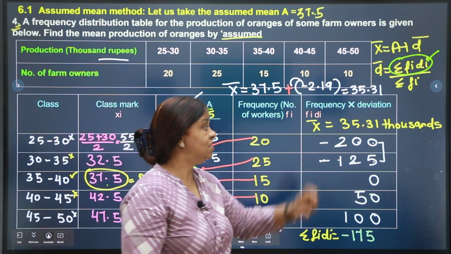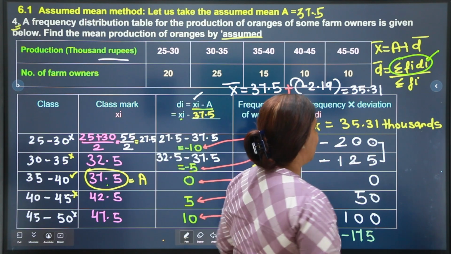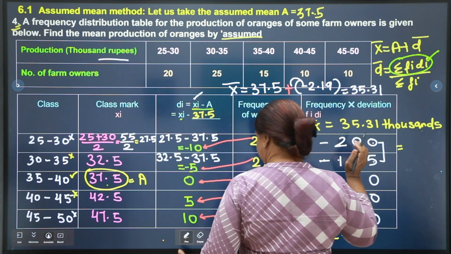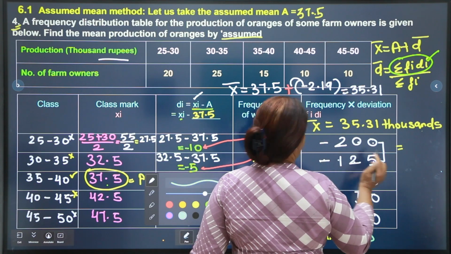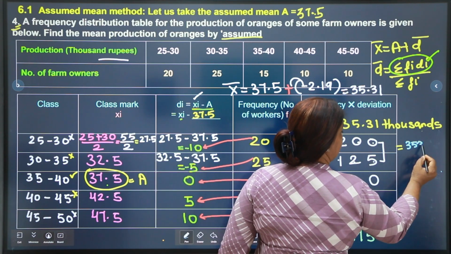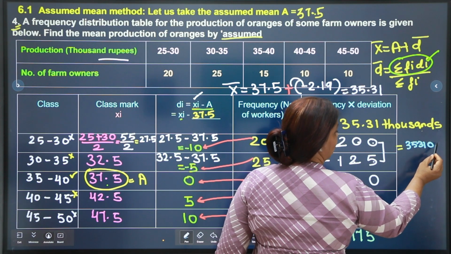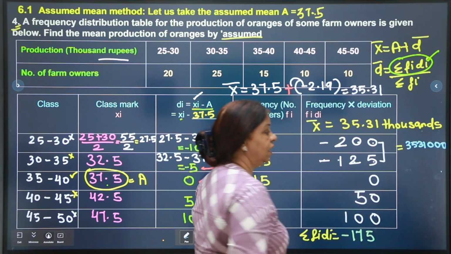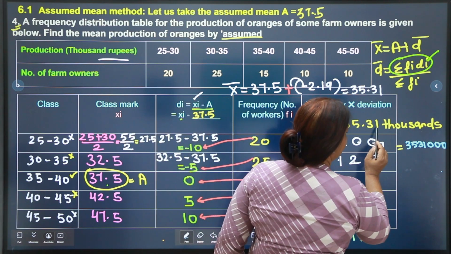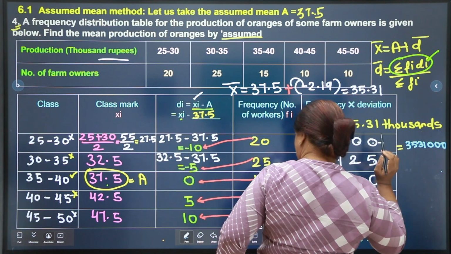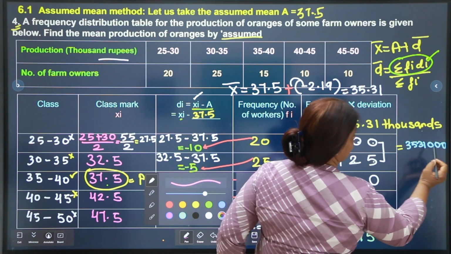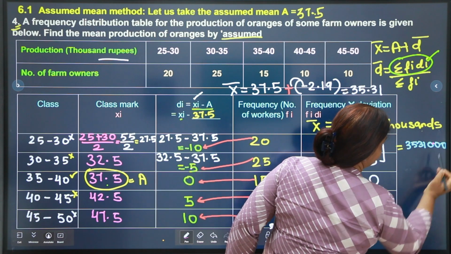If thousands is not written, you have to multiply it by 1000. So simply you will have to add 35, 31 and 30. Okay. Because thousands na. And point is after how many digit? 1, 2. Point is after 2 digit. So point will be coming here.